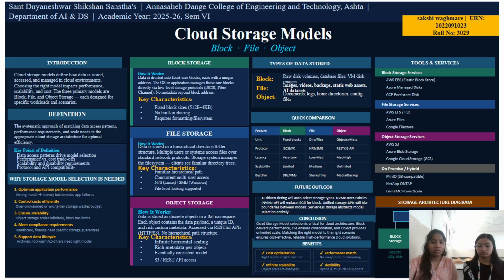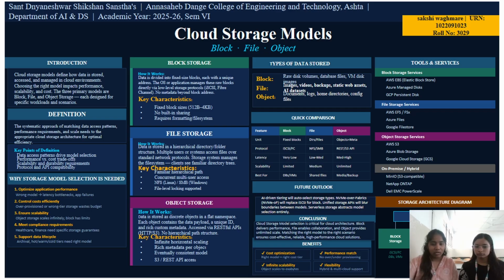You pay only for what you use. It has bursting mode, which is for smaller file systems with credit-based performance, and provisioned throughput mode, where you specify exactly how many MB per second you need regardless of the storage size.